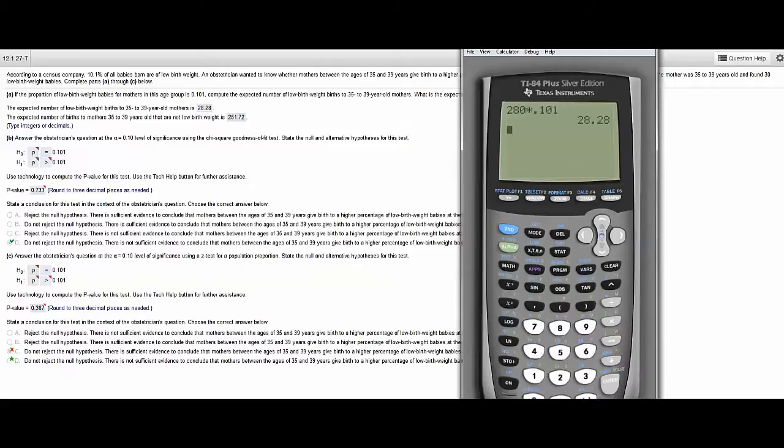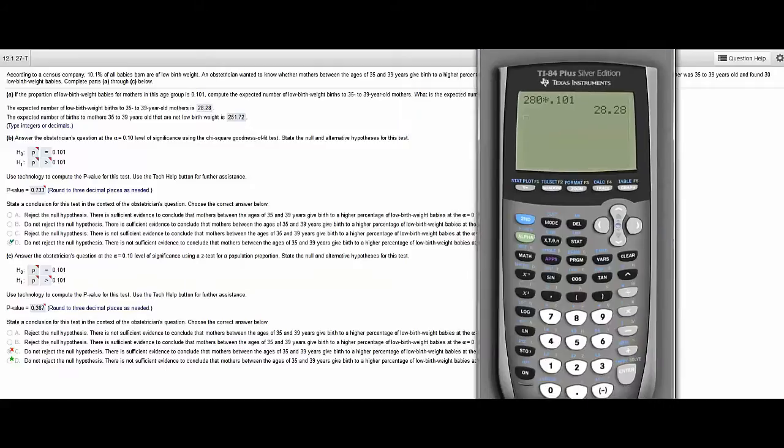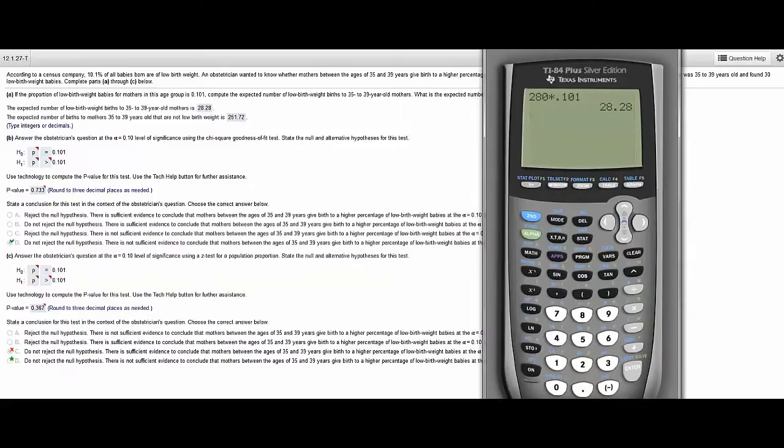So I get 28.28, which is what one expects to see. The number that is not a low birth weight would then be the sample, so the 280 minus that other number. And again, that's what you did. So we're on board.